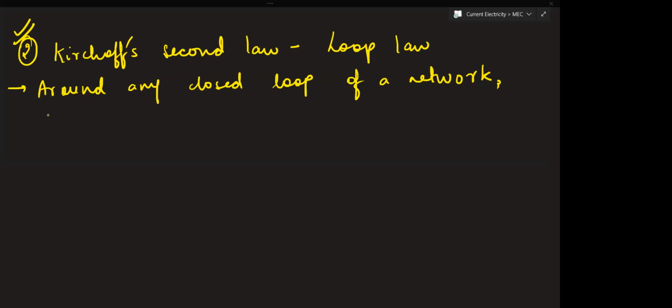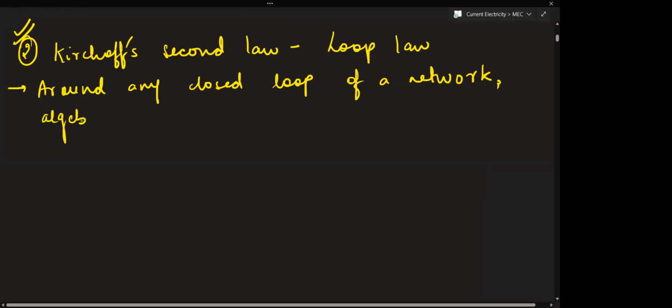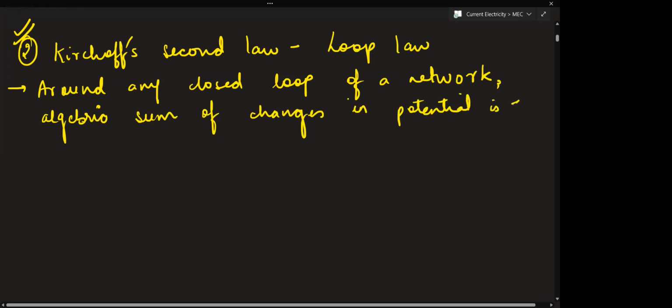So the change in potential here becomes 0. This is known as KVL, Kirchhoff's voltage law.